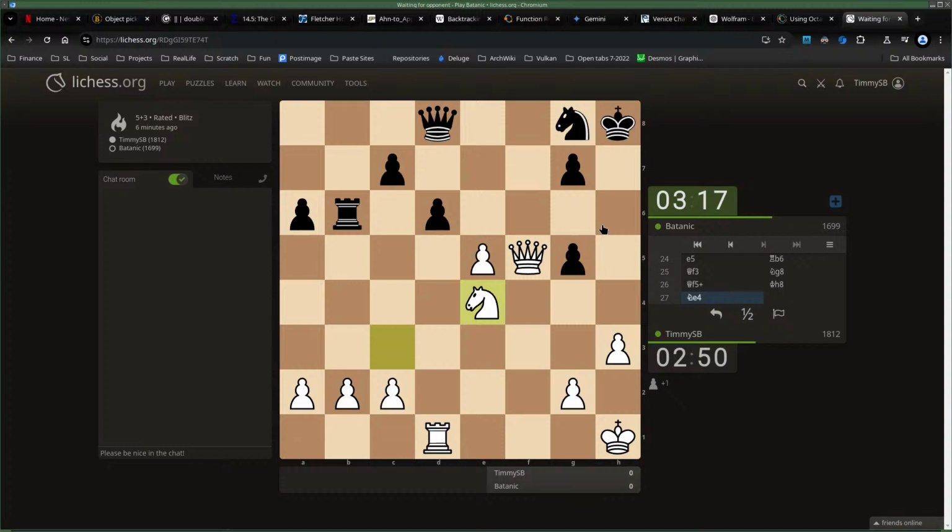What are you going to do? Oh, maybe push. If he pushes, then at least the rook is defending this point here. He goes pawn grabbing. Okay, let me see what happens next. Just curious.